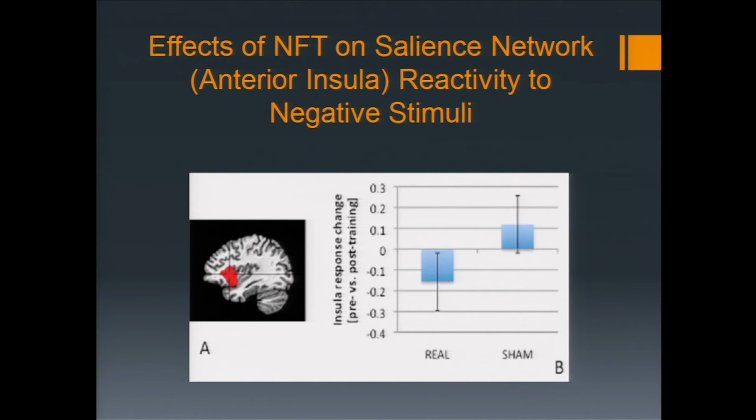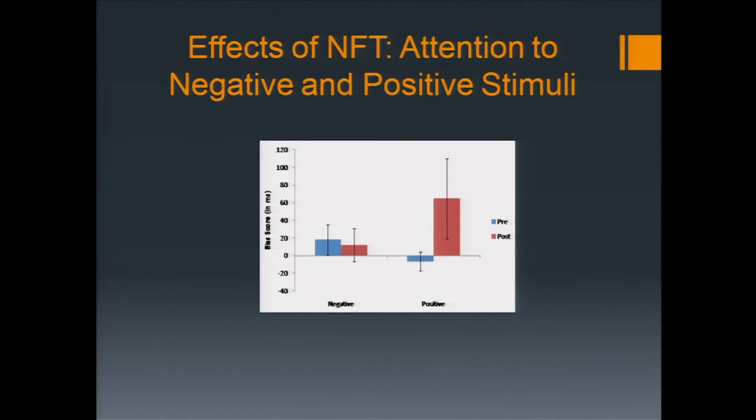But here's the cool thing. Before and after, I want to show you 2 weeks before training, 2 weeks after training, what happens. We gave them the dot probe task. This is post-training, real neurofeedback. We increase their bias to positive faces, okay?